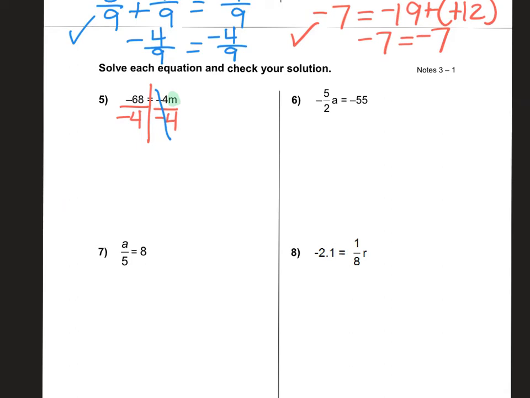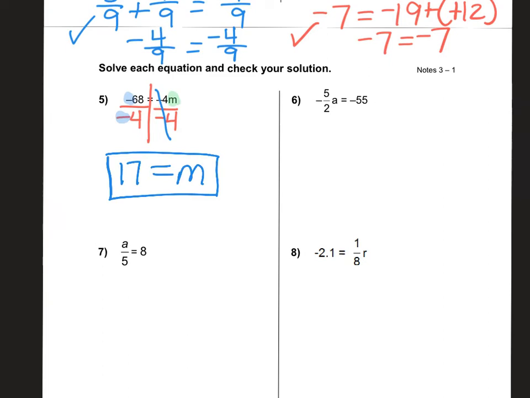This is where those integer rules are really important, because we are dividing a negative by a negative, and when you divide a negative by a negative, you get a positive. So -68 divided by -4 is 17, and that is equal to our variable m.